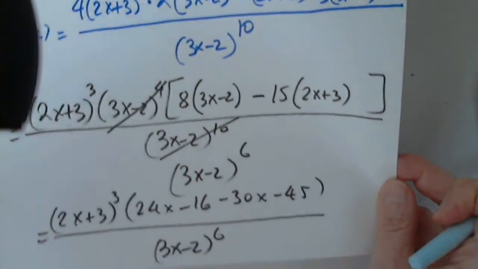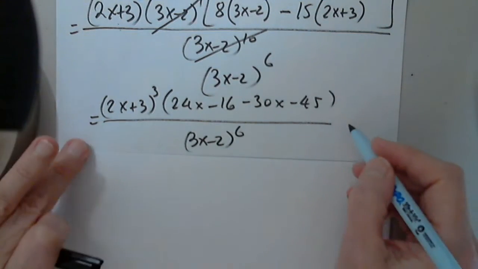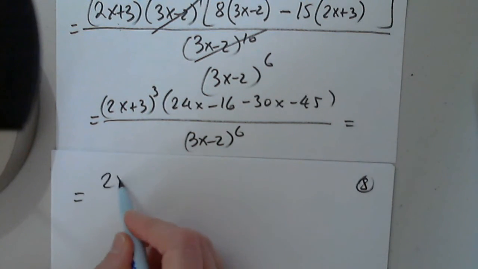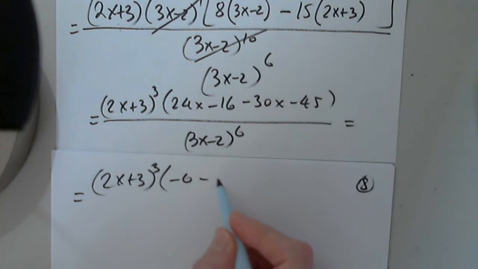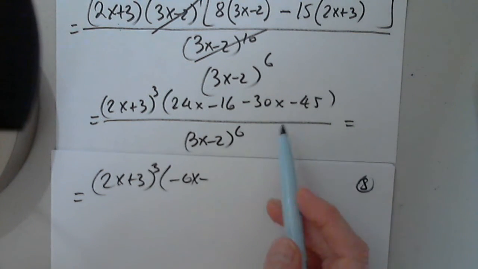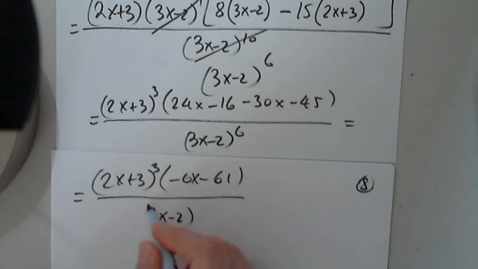And that will be final. That's my page 8. 2x plus 3 to the third, and again, minus 6x of course, and minus 61 over 3x minus 2 to the sixth.